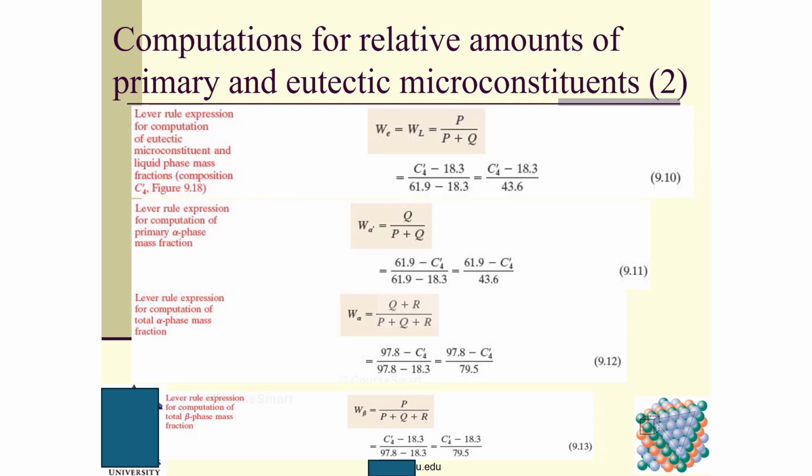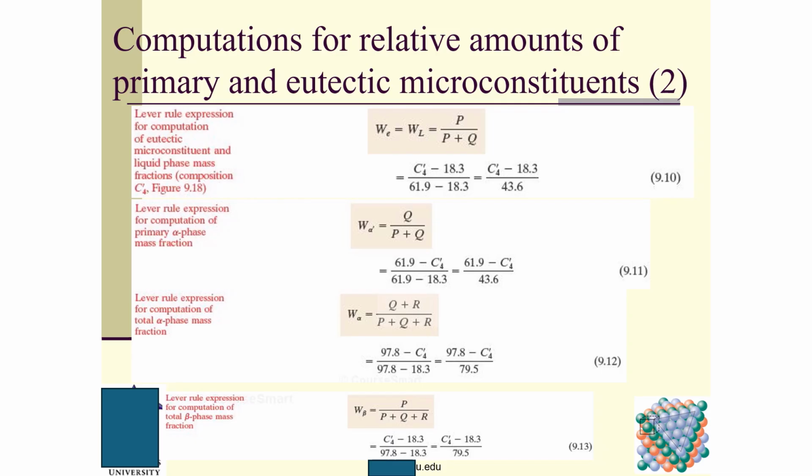And this slide shows computations for relative amounts of primary and eutectic microconstituents. For the first equation, we use the lever rule: W alpha prime equals Q over P plus Q. That is the lever rule expression for computation of the total alpha phase mass fraction.